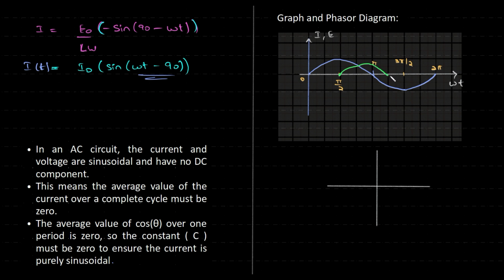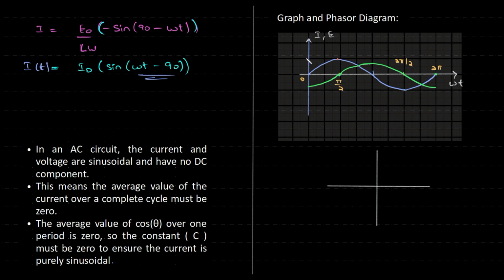Yes, maximum over here. So when the voltage becomes 0, the current is maximum, and so on and so forth. This is the basic behavior. There is a gap, something like that, and the amplitude is this. That would be a complete graph.